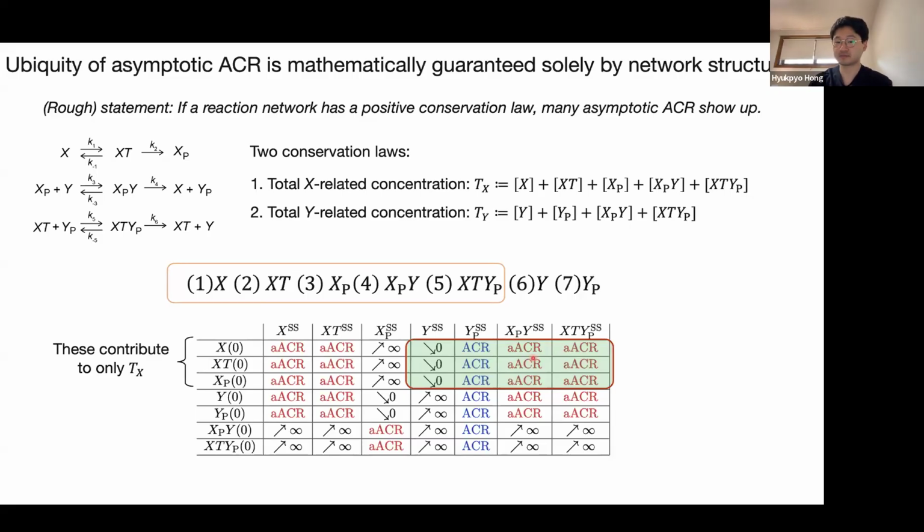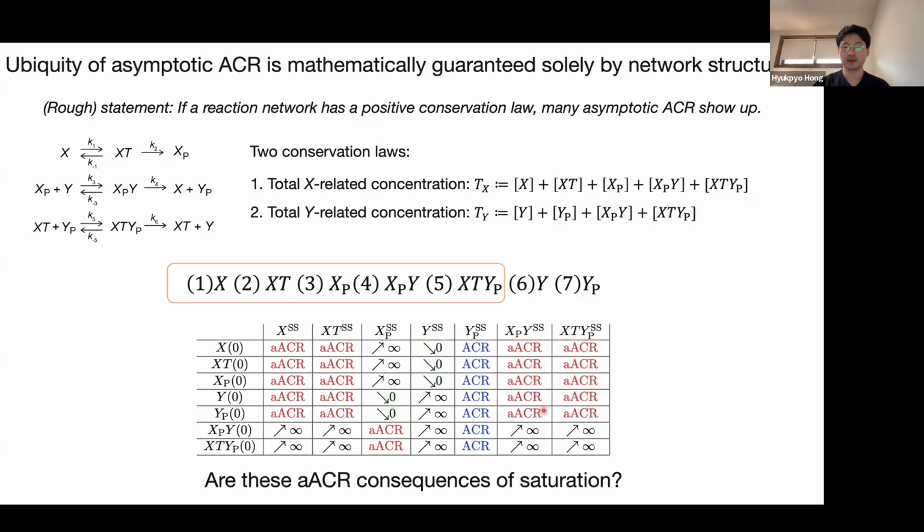In fact, numerically, two of them show asymptotic ACR behavior. The same argument can explain this block and that block and so on.